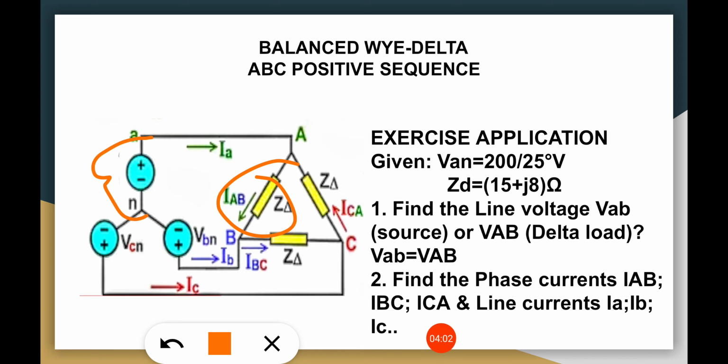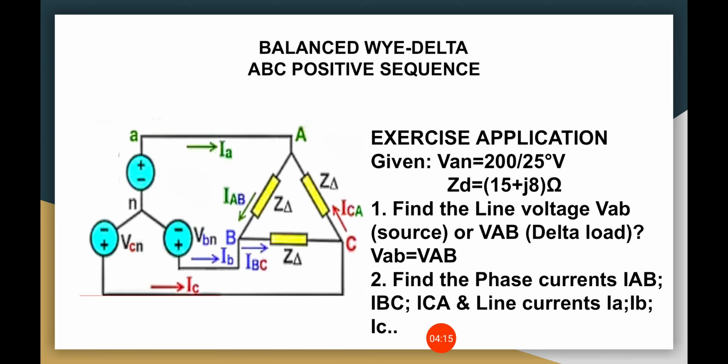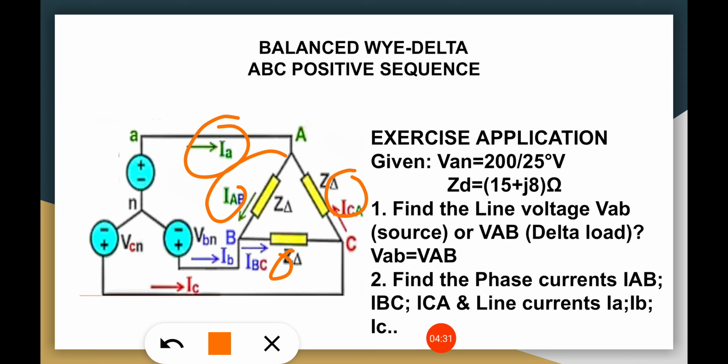We are asked to find the line voltage VAB, and also the phase currents IAB, IBC, and ICA, and also the line currents IA, IB, and IC, which are feeding this delta load circuit.